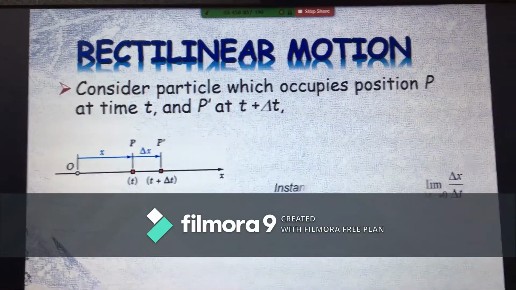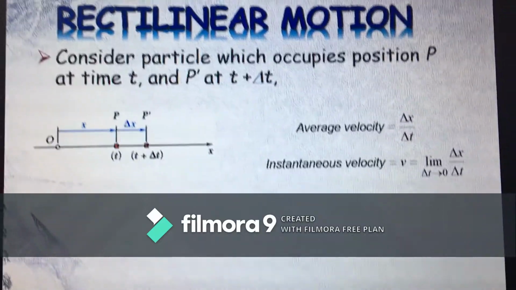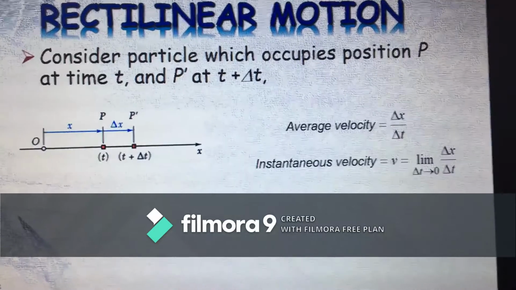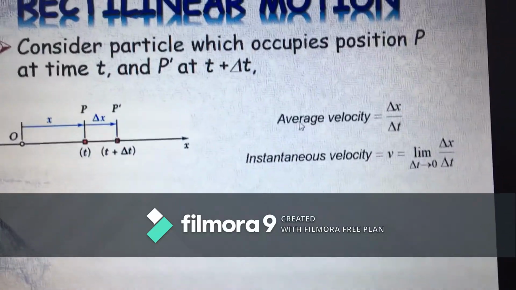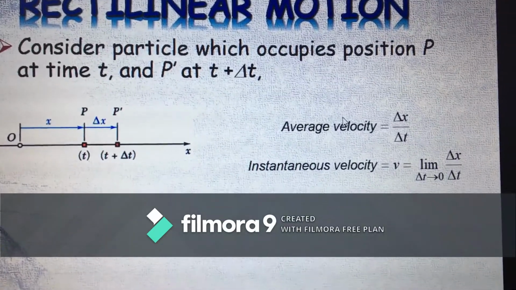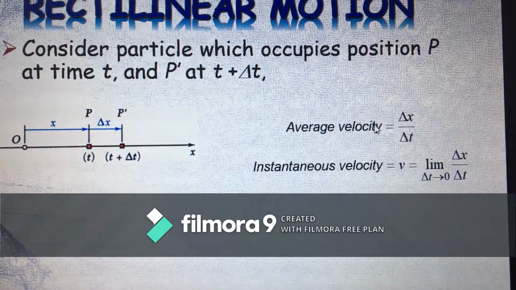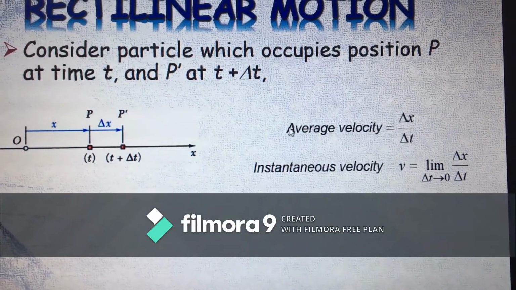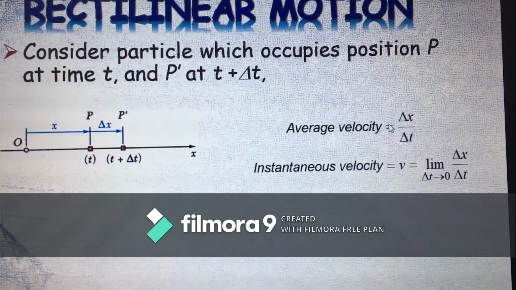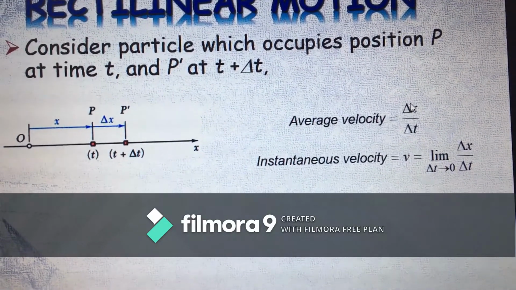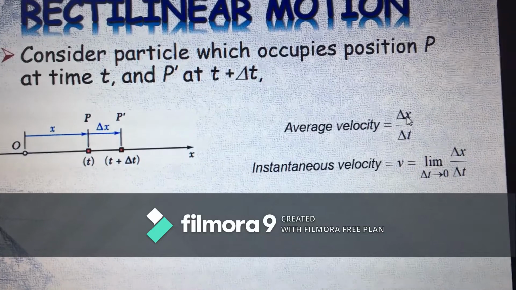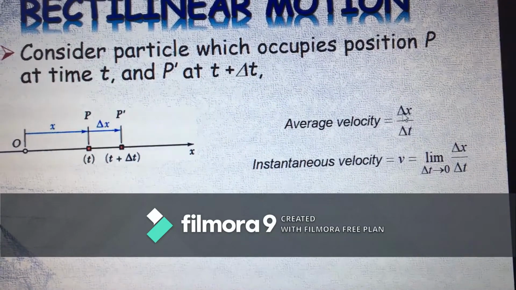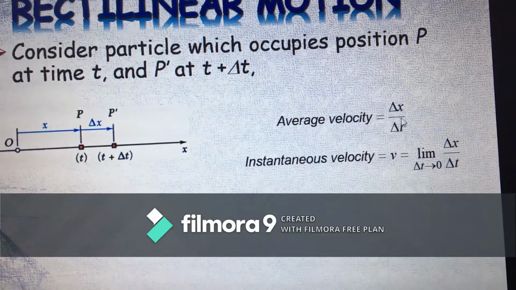Now, we will determine the average velocity of the particle. To find the average velocity of the particle, we have this formula, which is equivalent to the ratio of the change of the position with respect to time.